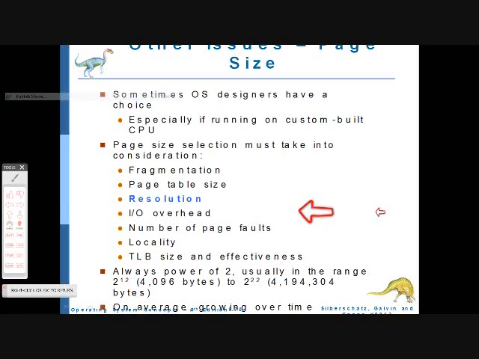But if you multiply the page size by 2, then the I/O overhead is great. So when you increase the page size, the I/O overhead will not exponentially increase. But if you double or triple the page size, then the I/O overhead will increase exponentially.